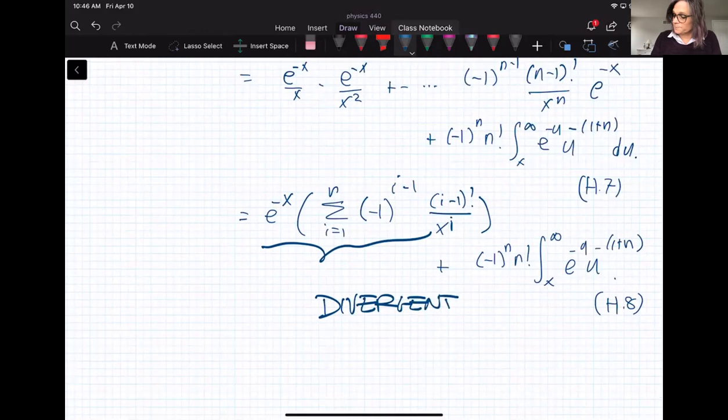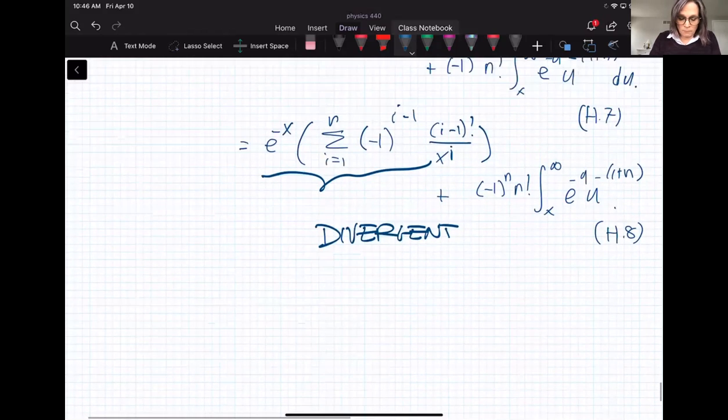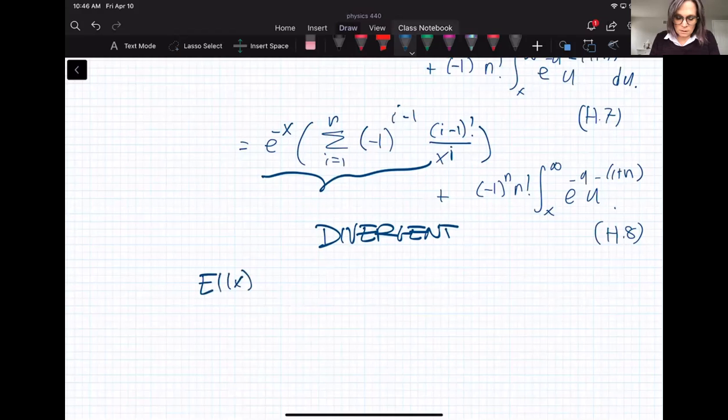So what do we do? Well, we can write E1 of x minus S sub n of x is now just equal to that integral, right? This is S sub n, our partial sum of this series. Our remainder R is essentially this integral, right?